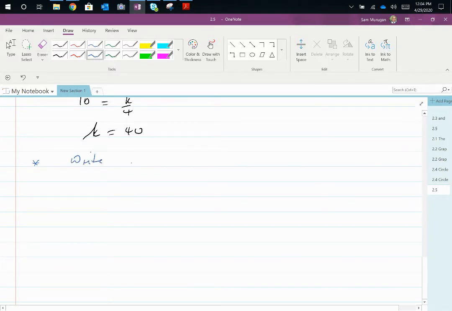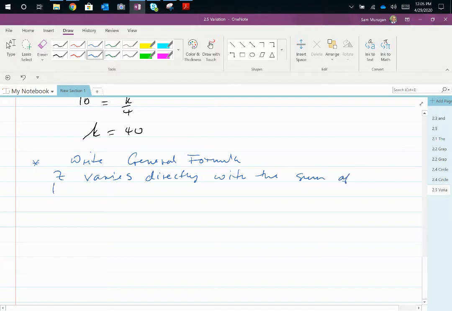Write the general formula: z varies directly with the sum of the squares of x and y.